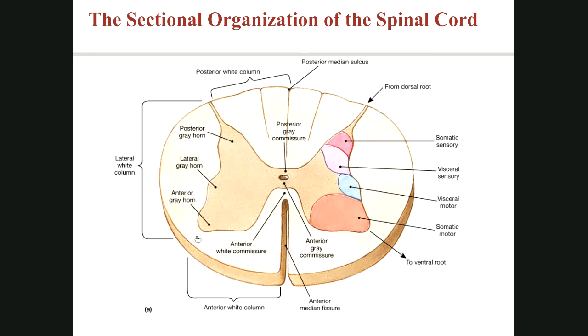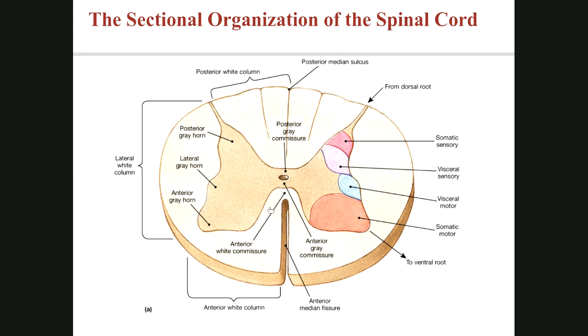The white matter which we have around the gray matter is divided into four parts. The first part of white matter is located in the dorsal part. We call it the dorsal or posterior white column. The other name for the posterior white column is dorsal or posterior funiculus.